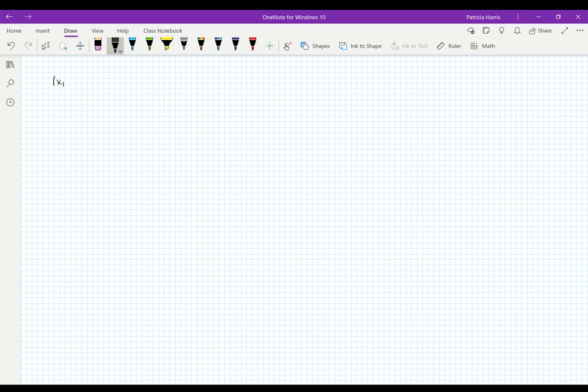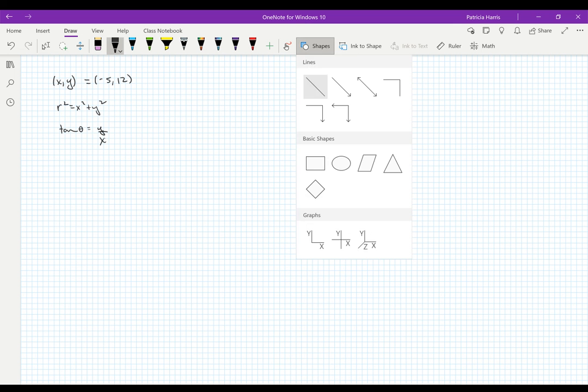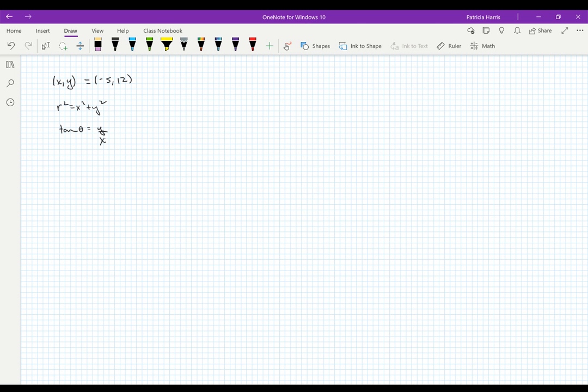So we have x comma y, negative 5, 12. Got my formulas. I'm going to get my graph going. This one's a little bit different.